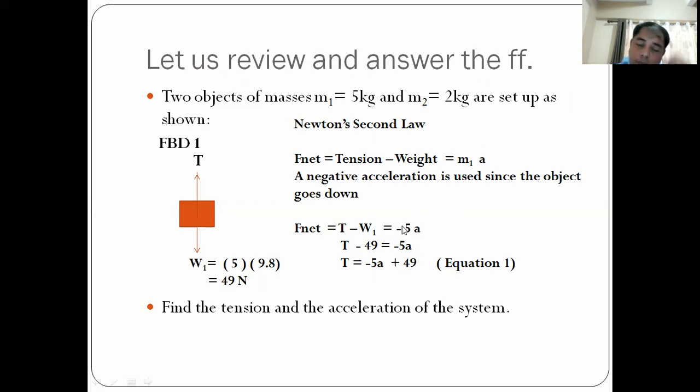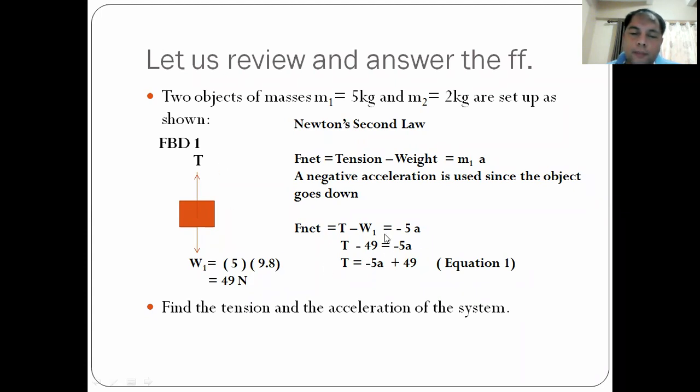Again, what are the forces involved here? There's tension that goes up, and there's weight that goes downward equal to 49 newtons. How did we get 49 newtons? By multiplying the mass, 5 kilograms, times 9.8 meters per second squared. That gives you your 49.